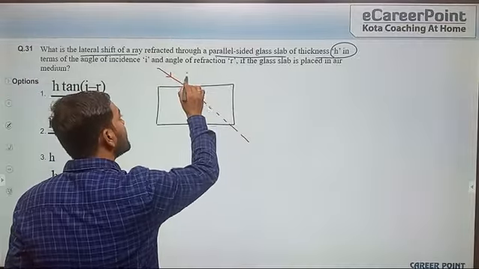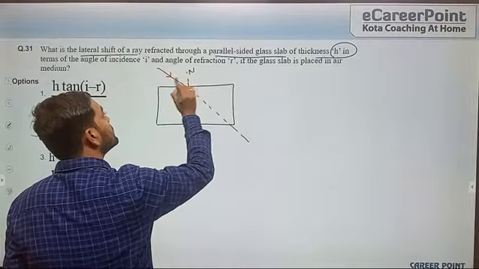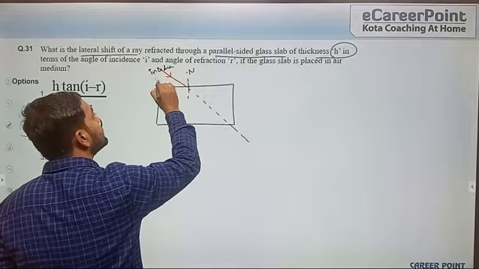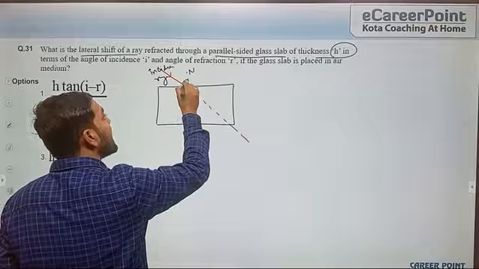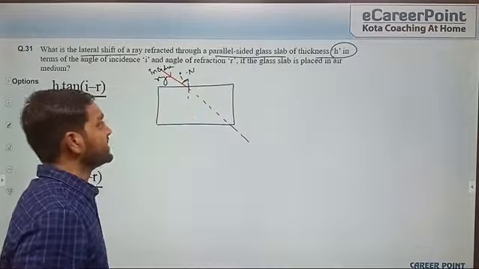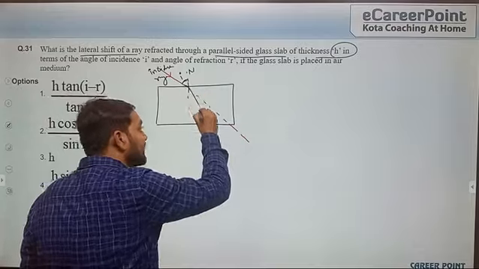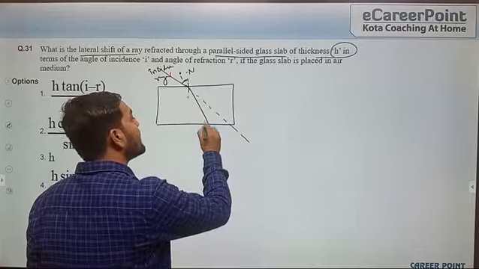This is our normal, this is our incident ray, and this is i, the angle of incidence. After getting incident here, it will get refracted here.